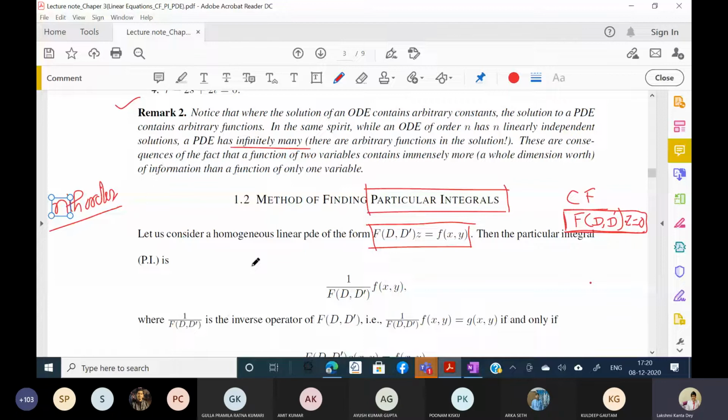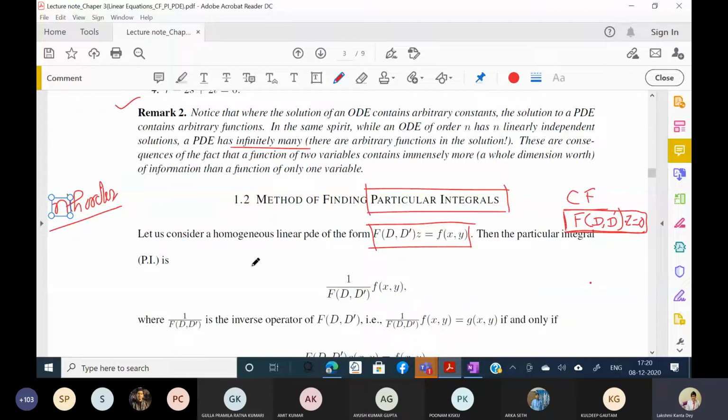Since the function is arbitrary, you can make infinitely many independent solutions. So the solution space for the associated nth order homogeneous linear partial differential equation with constant coefficients will be an infinite dimensional vector space.